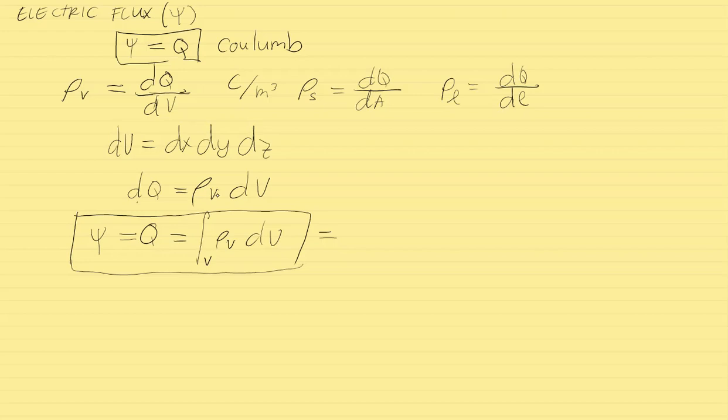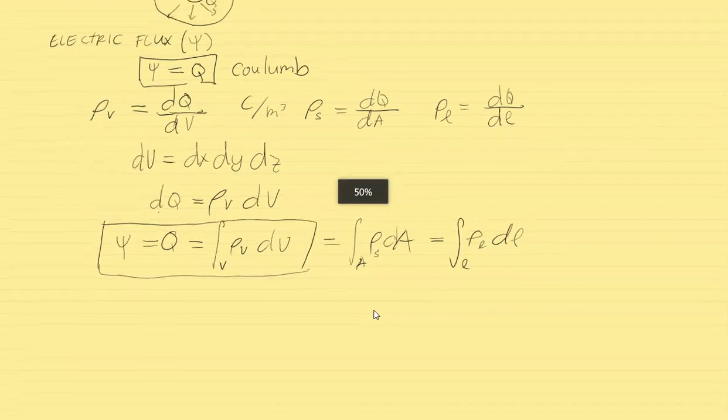We can just change this into the integral of rho s dA over the surface area, or the integral of rho l dl, which is a line integral. So that's how to solve for the electric flux, or the total charge.